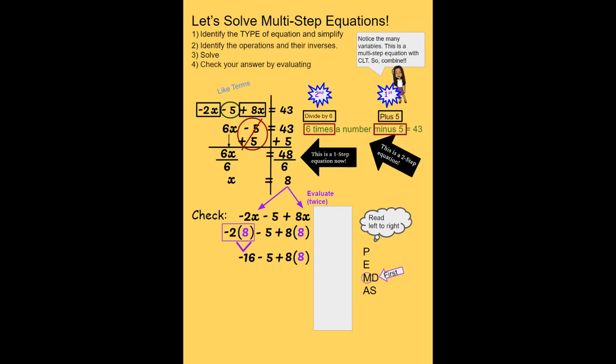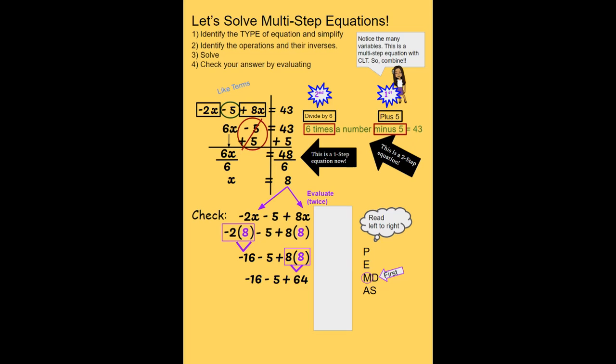There are parentheses. Inside the parentheses, we can't simplify. There are no visible exponents, and again, we will multiply. Starting from the left, negative 16, minus 5, plus, and 8 times 8 equals 64.